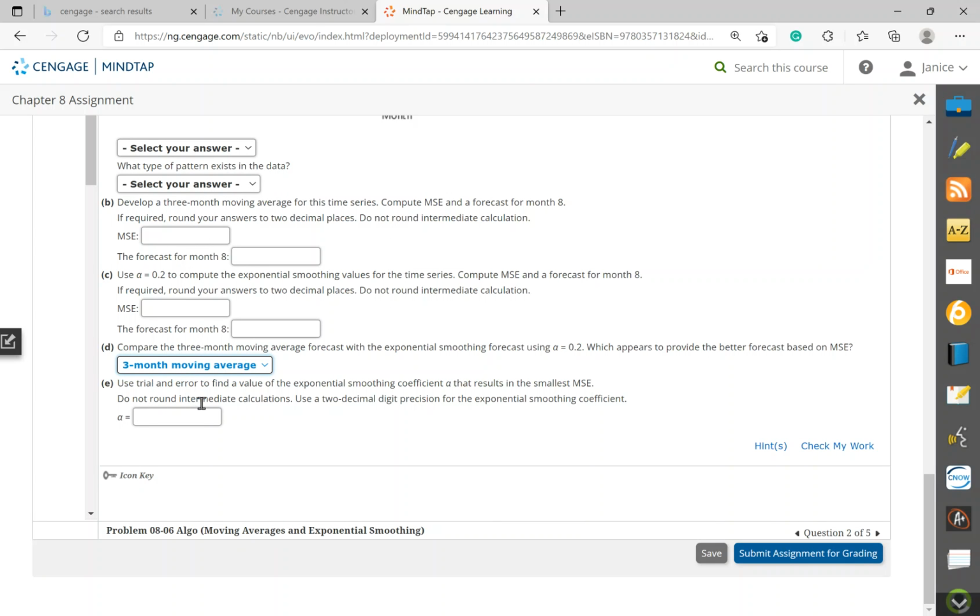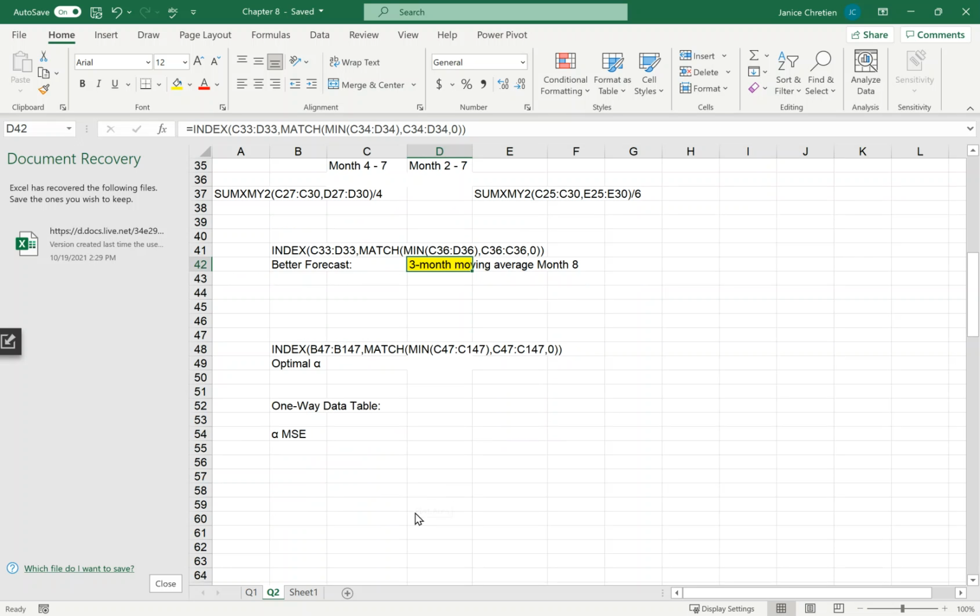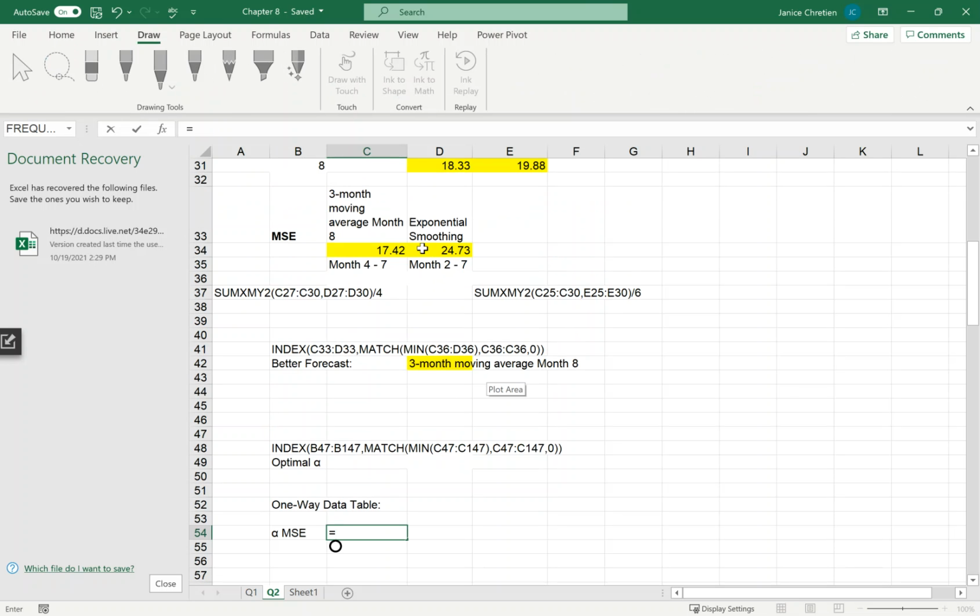Now it wants me to use trial and error to find the value of an exponential smoothing coefficient alpha that results in the smallest MSE. Okay, there's a little more to this. We're going to build a one-way data table. We're going to start that data table off by saying when my exponential smoothing is, remember my exponential smoothing I found.